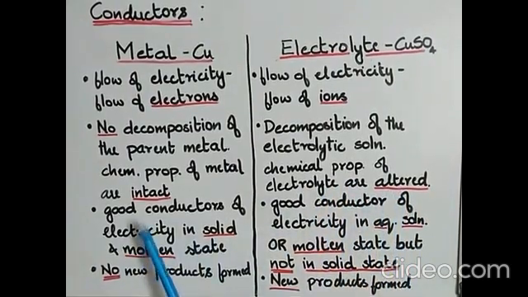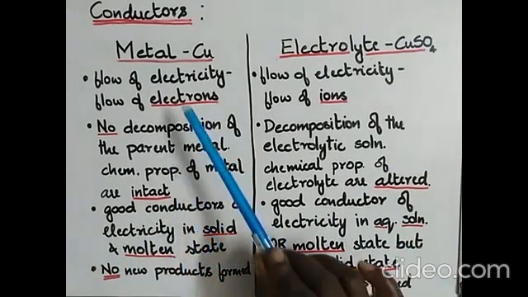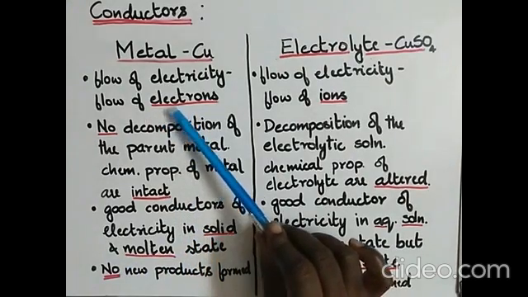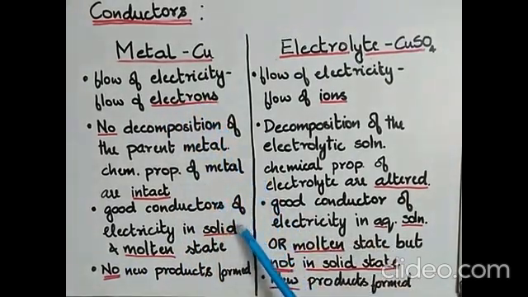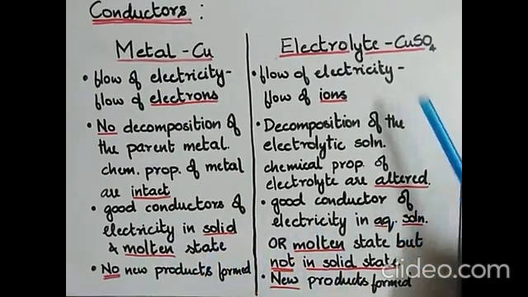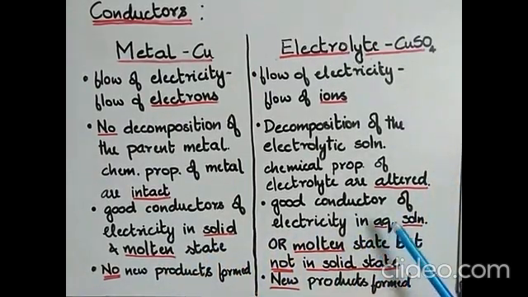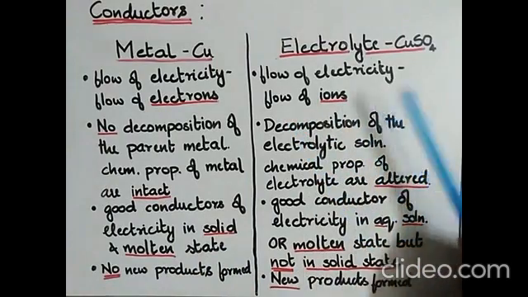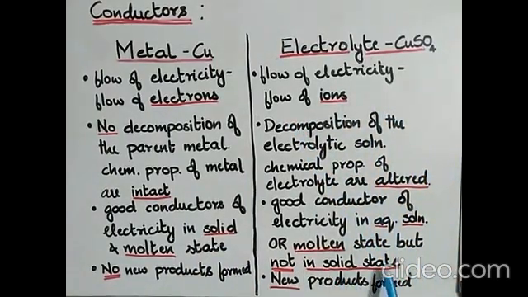The third point: metals are good conductors of electricity in the solid state and molten state because electricity flows only because of the flow of electrons. Therefore, they can conduct in the solid state and also in the molten state. Whereas an electrolyte conducts electricity due to the flow of ions. Therefore, it does not conduct in the solid state.